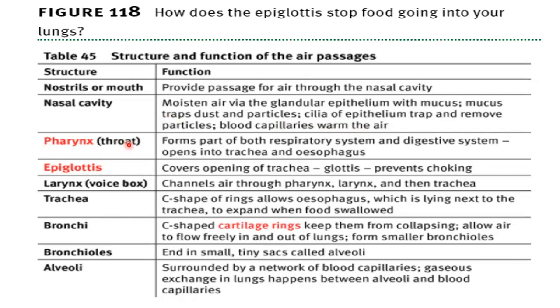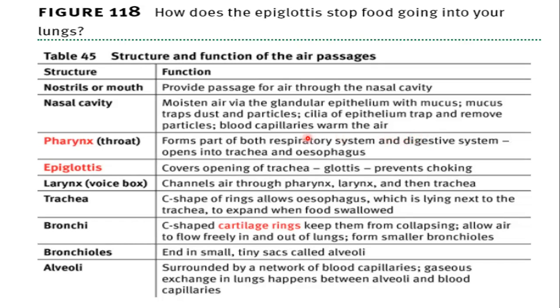But now the pharynx, which is in the throat, forms part of what? It forms part of two systems, and that's why I said you need to pay attention to the system that is being asked about at that particular time. The pharynx forms part of both the respiratory system and the digestive system. So the pharynx opens up to two things.